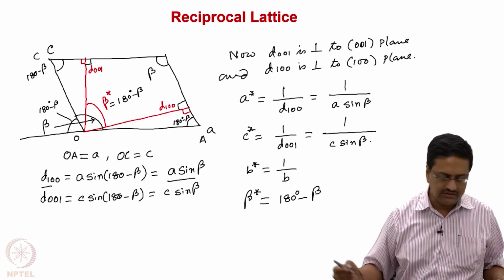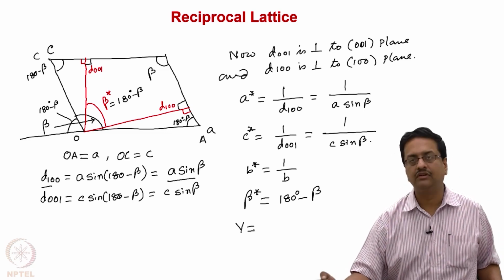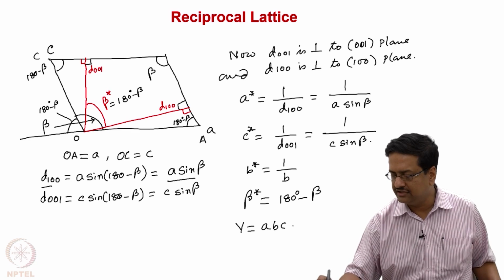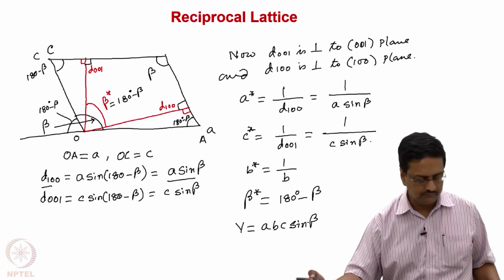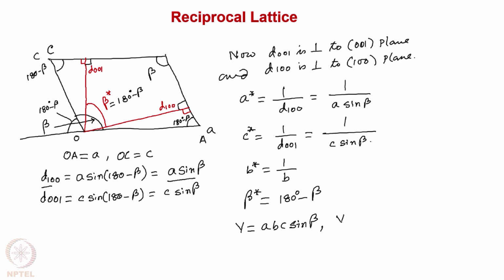So if we try to calculate the volume of a monoclinic system, which is equal to ABC sin beta, the reciprocal lattice volume is nothing but V star is equal to 1 by V, which is equal to 1 by ABC sin beta, or equal to A star, B star, C star sin beta star.